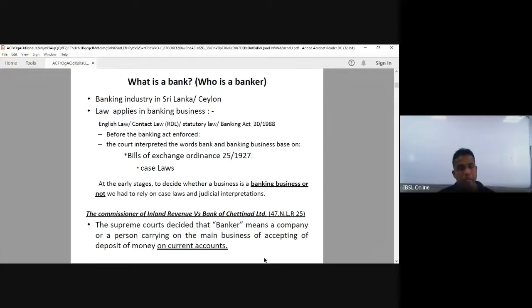So the banking industry in 1947 and the banking industry in 2021 are not the same. This judgment was valid for that period, and it is not valid for today's context. However, it is a very important judgment when it comes to the banking industry and the question of who is a bank. It is one of the very important Sri Lankan judgments on that question.